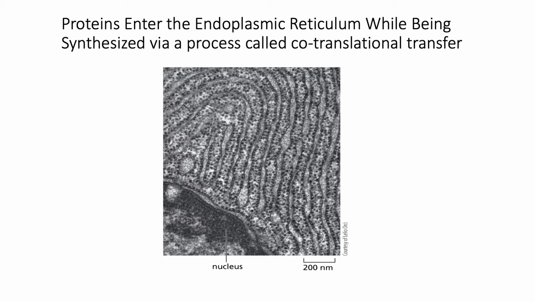And the proteins need to get from the surface bound to ribosomes into the lumen of the ER. And the way that happens is through a process called co-translational transfer. And the implication just by that word is that they're transferred as they're being translated.